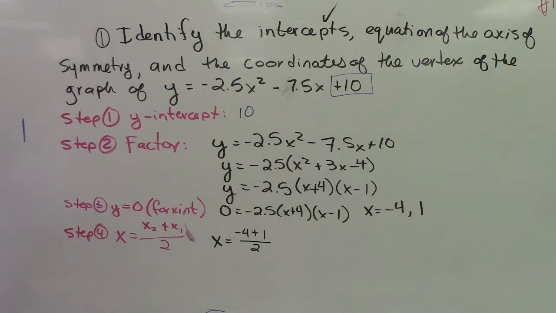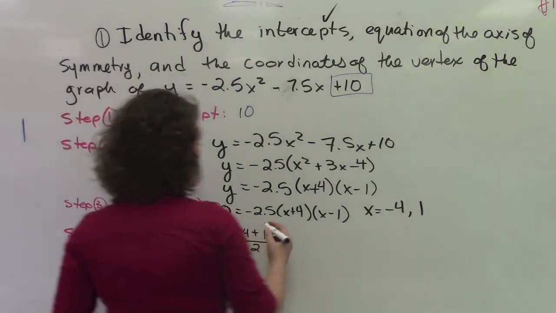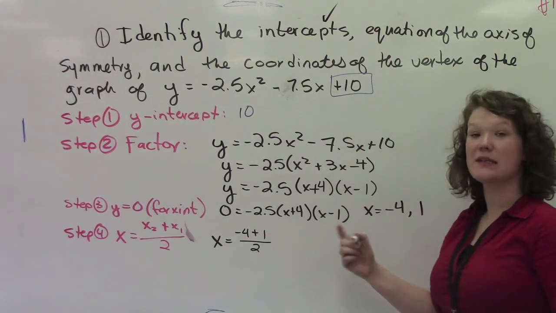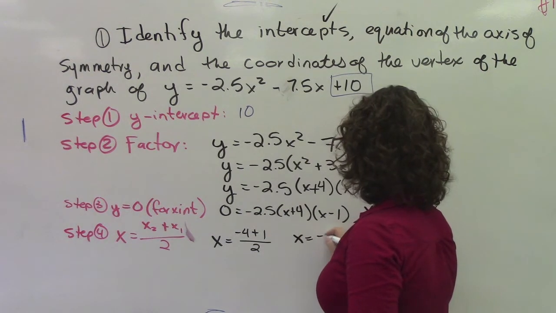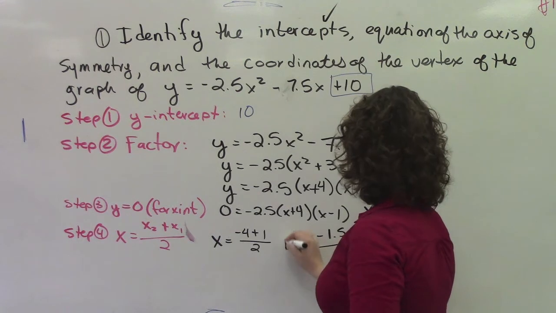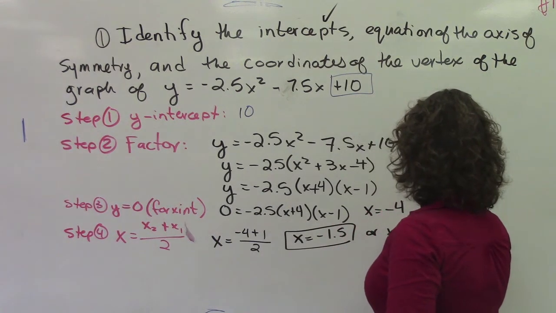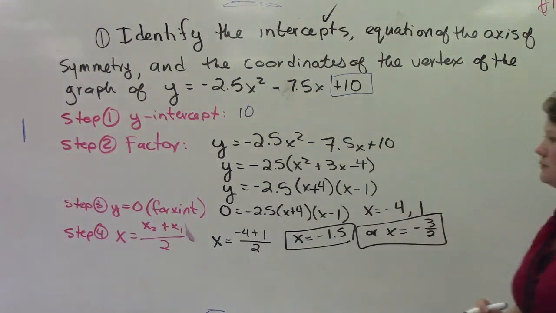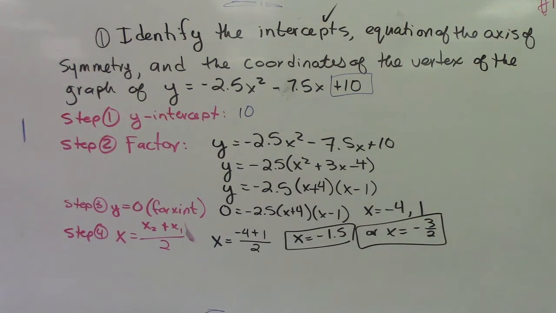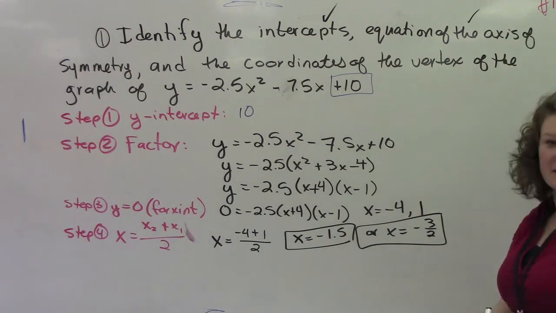Negative 4 plus 1 is negative 3. So then divided by 2, we say x equals negative 1.5, or x equals negative 3 over 2, however you prefer. All right, so we have the equation of the axis of symmetry.